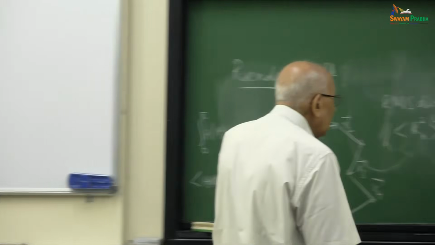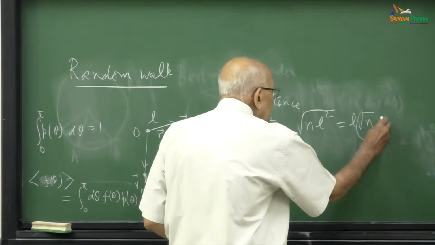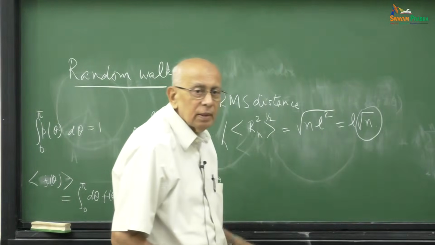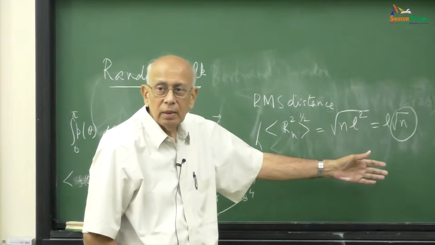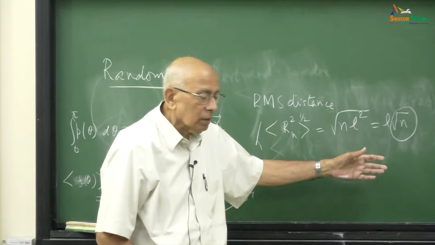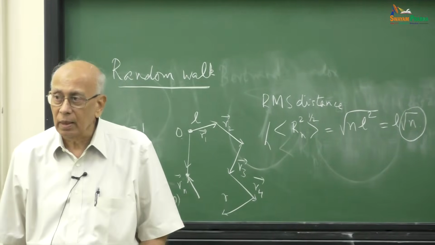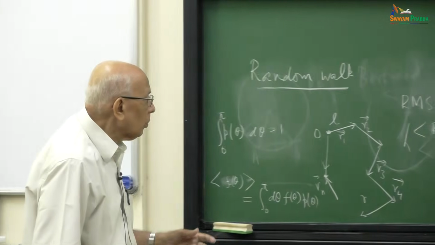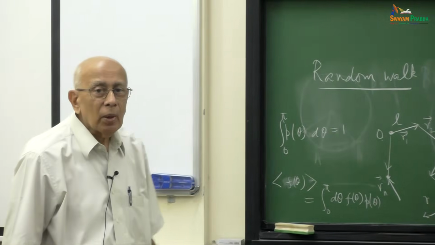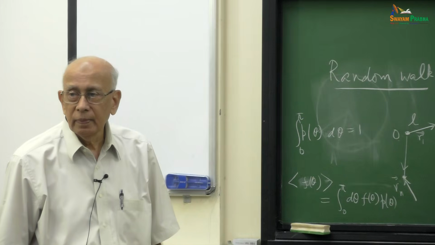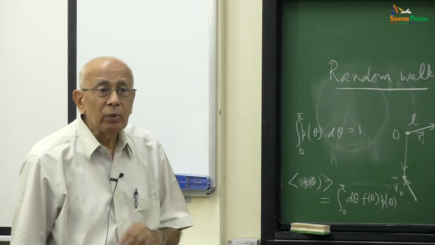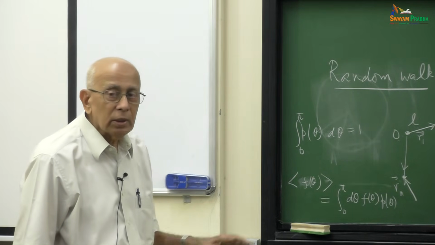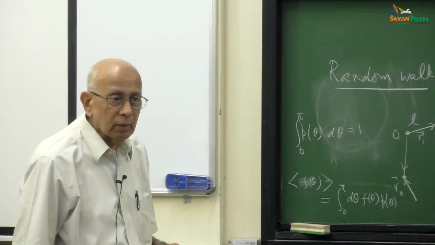This square root here, which looks very innocuous and very trivially derived because there are n terms, the dot product of each vector with itself, was just n terms like this. This square root is the most important square root in the universe. It appears everywhere. And this sort of motion is called diffusive, as you'll see in a minute why I call it so.